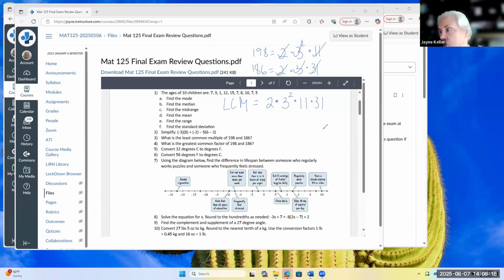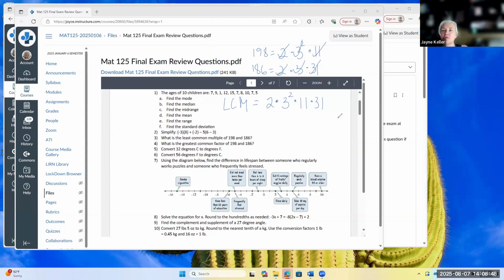And now I just multiply all those together. I'm going to use Desmos because that's pretty big multiplication. So 2 times 3 times 3 times 11 times 31. Whoops, that's not what I wanted to do. There we go.